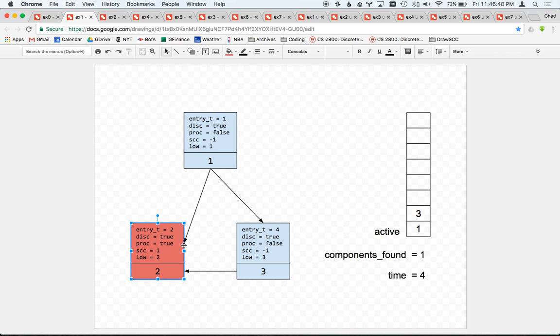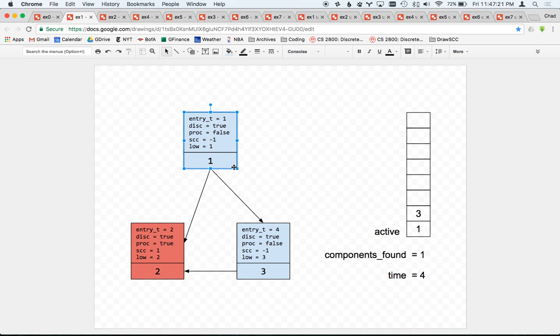And you might say, well, how do we know that it's not in a strongly connected component with any of the ancestors? Just because we've marked this as having a strongly connected component, how do we know that, for instance, vertex number 1 isn't in that strongly connected component, and therefore I could get from 3 over to 2 and back to vertex 1 and then make a strongly connected component out of the whole graph? And the answer to that question is that vertex 1 has not yet been fully processed.